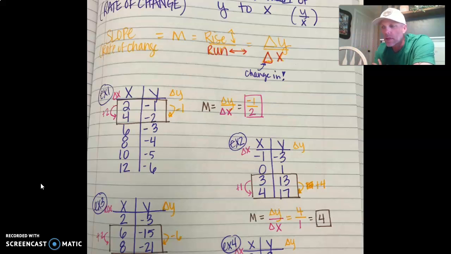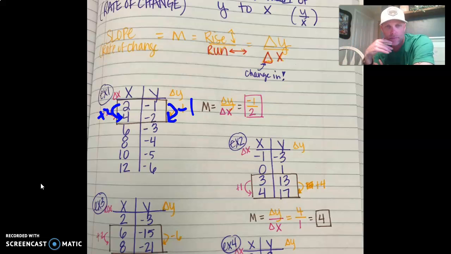Okay, so what is this change in y right there? It's going from negative 1 to negative 2. That is a change of negative 1. And then right here, the change in x. Got to go in the same direction. Notice we're going from the first y and the first x to the next one. So the change in x is just a plus 2.